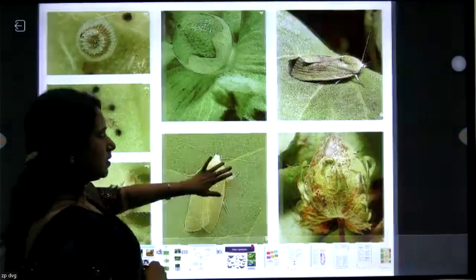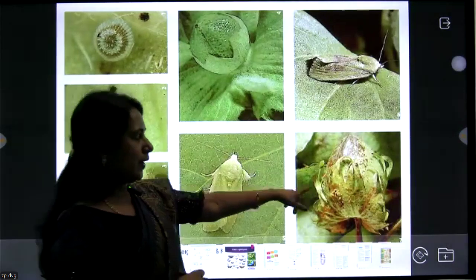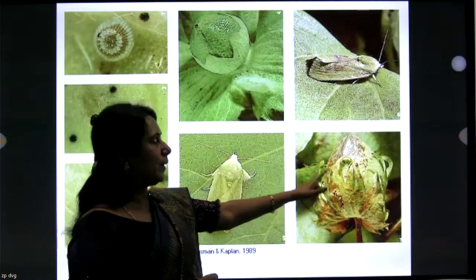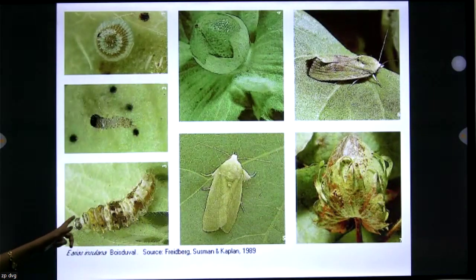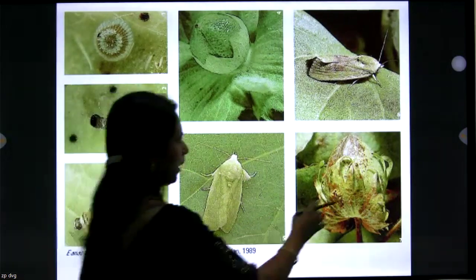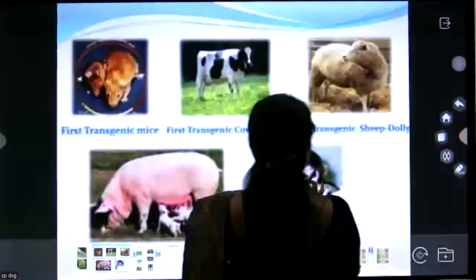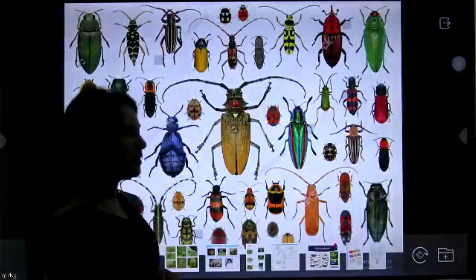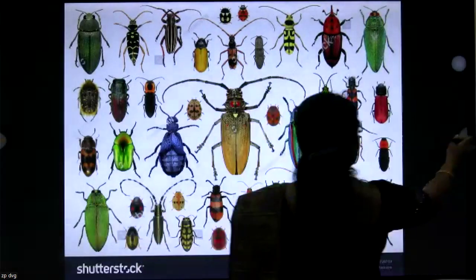You see the bud, the cotton twig, eaten by the larva of the bollworm. The caterpillar of the bollworm is eating the cotton leaves. These are all the insects that harm the cotton plants.